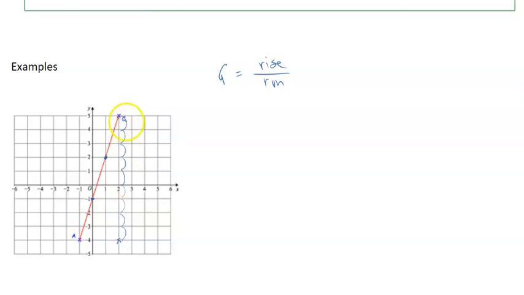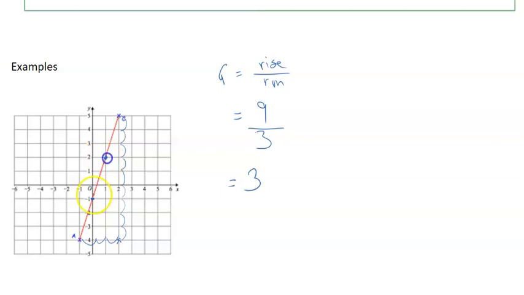So the rise is 9 and the run is 1, 2, 3. The run is 3. That equals 9 over 3. Well, 9 divided by 3 is just 3. So my gradient for this line will equal 3.